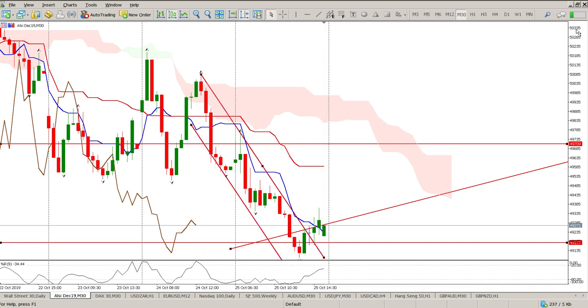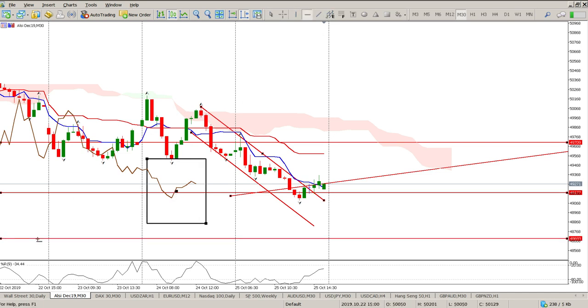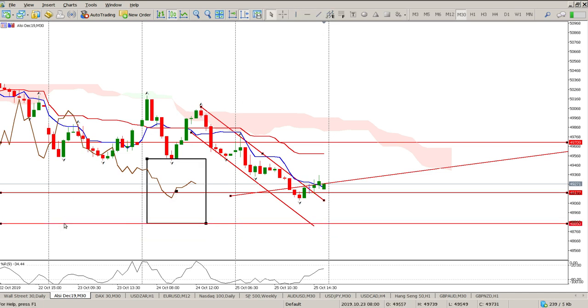Okay, so that was our move through the day yesterday and sort of half of the previous day. That's our move to the downside. Also, what you see here is we have this double bottom, which hasn't quite played out, so we still do have a downside target as well. But we could still move.